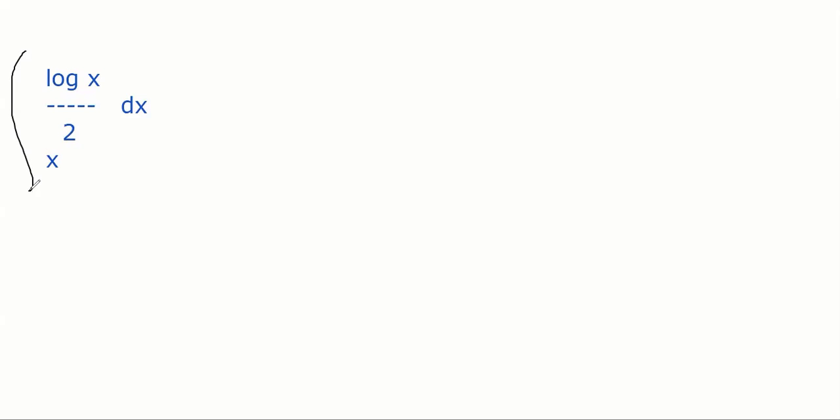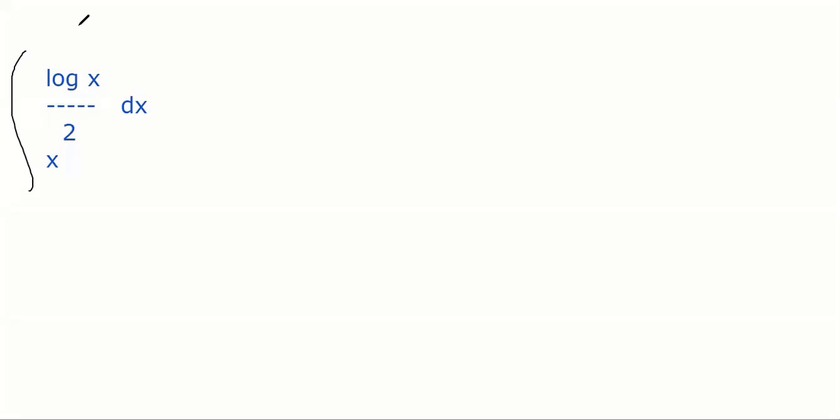We can write x square as x to the power minus 2, not a problem. Then what? Again, we can use the rule of integration by parts. Which will be the first function, guys? Will log x be the first function or 1 by x square? Yes, correct. So, log x and 1 by x square.